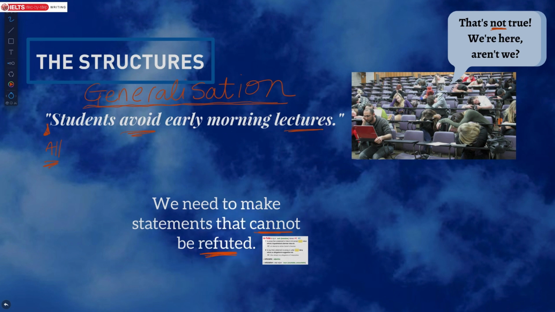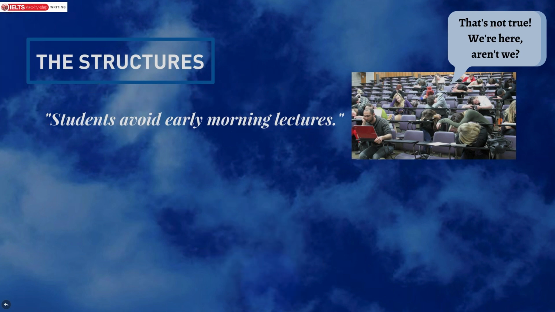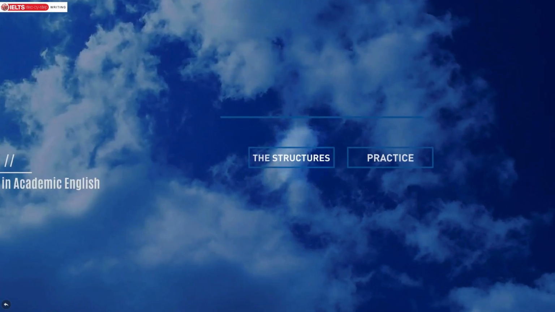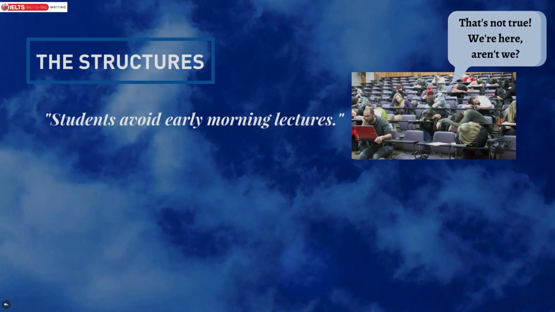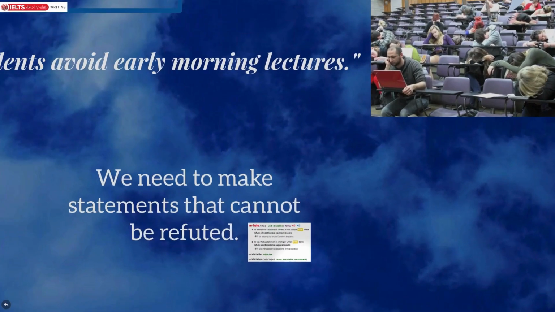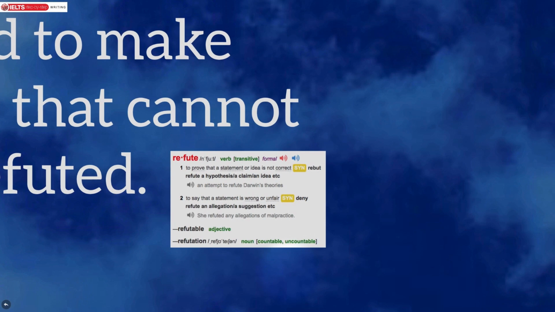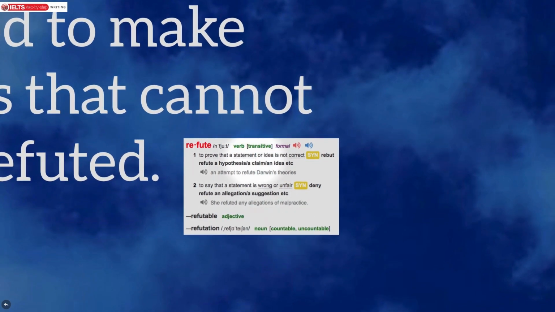Okay, and let's just have a look quickly at what the meaning of refute is. Whoops, let's go back, sorry. Supposed to be zooming in there, not going backwards. So let's have a look at this. To refute: to prove that a statement or idea is not correct. So to refute a claim, refute an idea, refute a hypothesis. These are the collocations with the word refute.